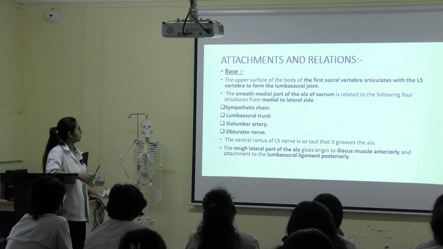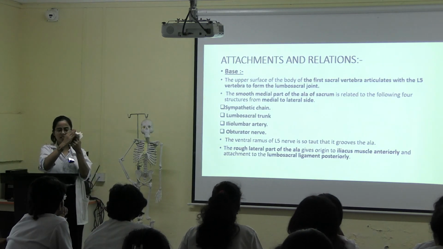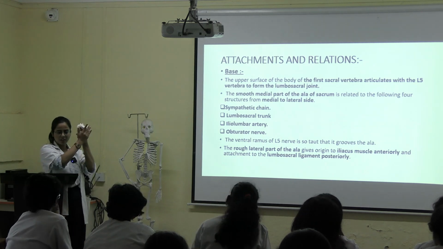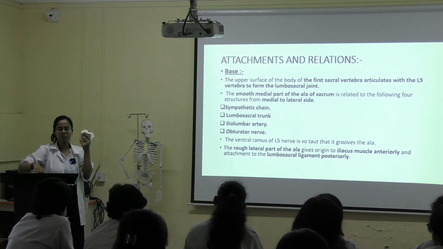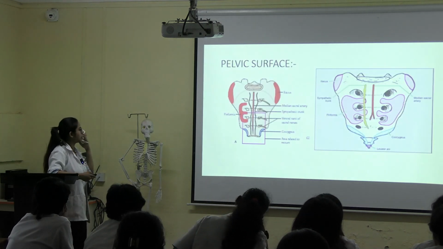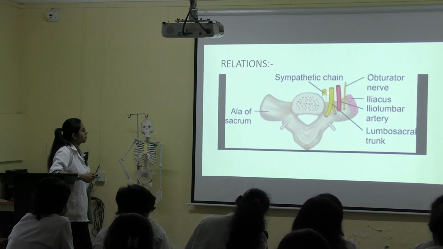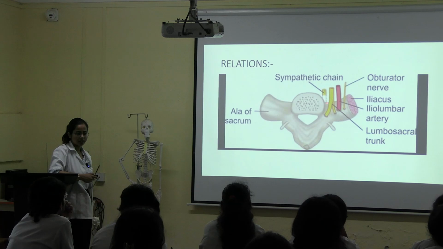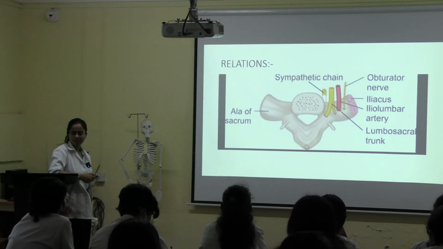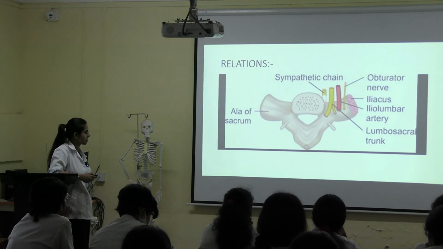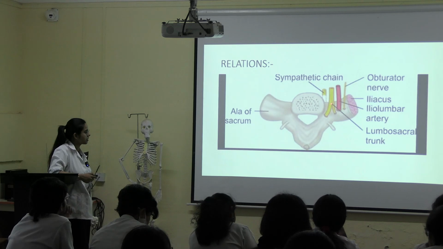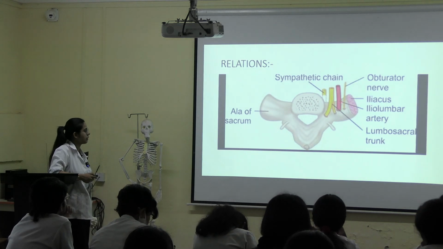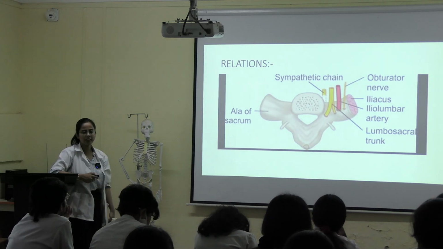Now this is the ala of the sacrum. From medial to lateral we have some structures. How will you remember it? First is SLIO. With S we have the sympathetic chain. From medial to lateral, first we have the sympathetic chain, then the lumbosacral trunk, then the iliolumbar artery, and then the obturator nerve.